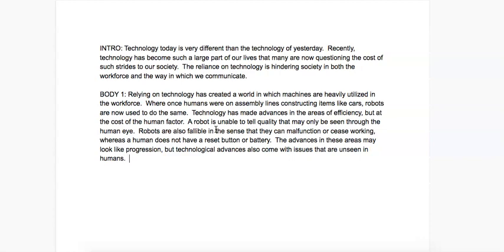So I'm concluding it by kind of summarizing what I've stated in my paragraph, but also kind of leading into the next paragraph where I will talk about communication, or where you will talk about communication, because the next body paragraphs are going to be up to you and your student.